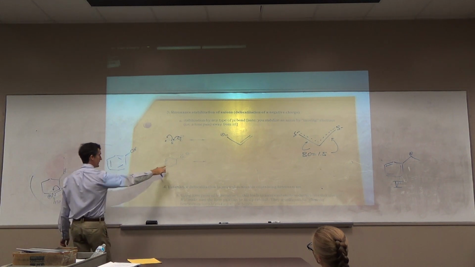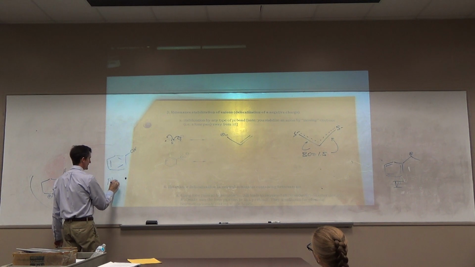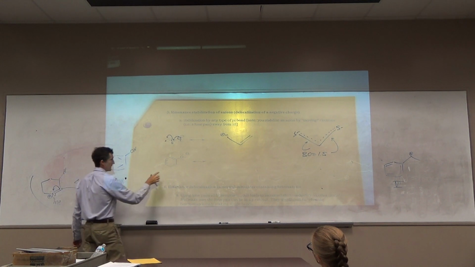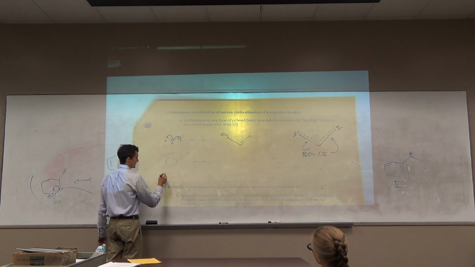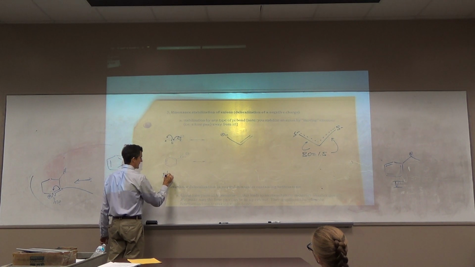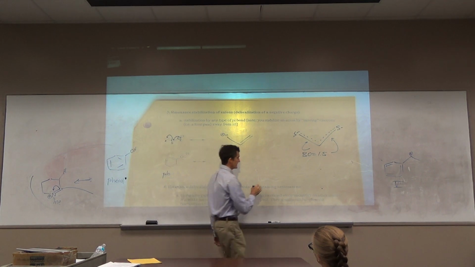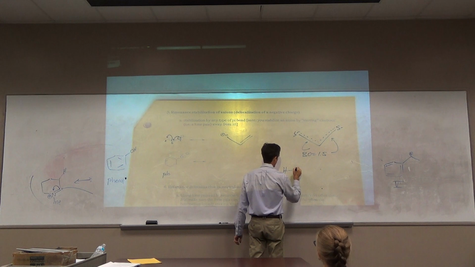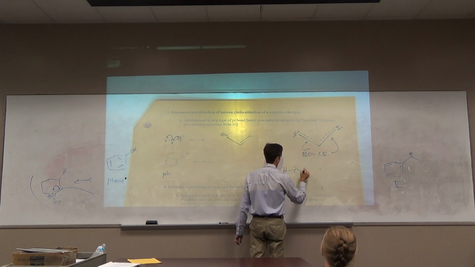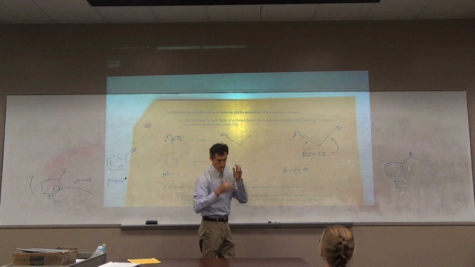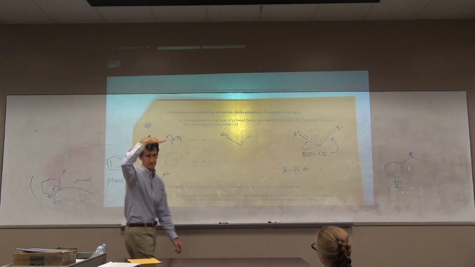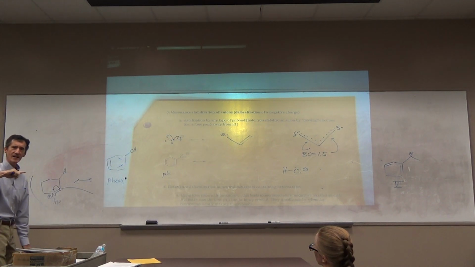By the way, what do you want to call this? This is called phenol, right? What do you want to call the anion of phenol? Well, let's see. What do you call this here? Name? Hydroxide. Why hydroxide?